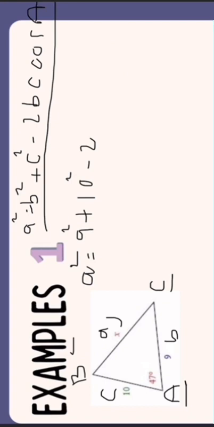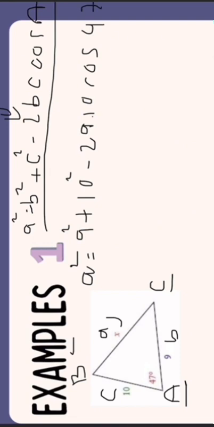The 2 comes from the formula because it's the constant. This means that it's never going to change and it's always going to be in there. Multiplying B, that's 9, multiplying C, that's 10, and cos, multiplying the angle, that's 47.